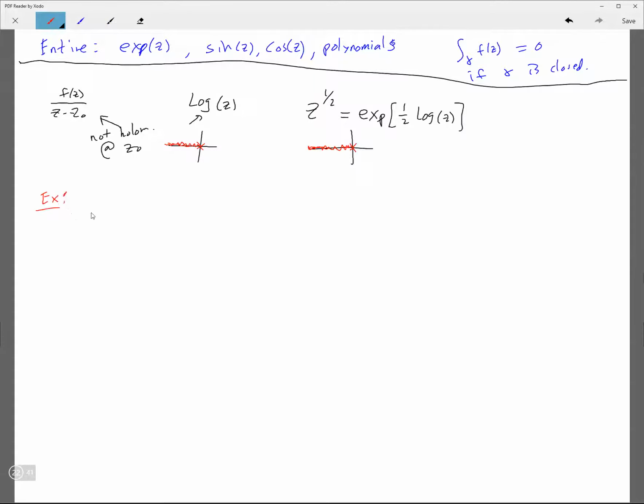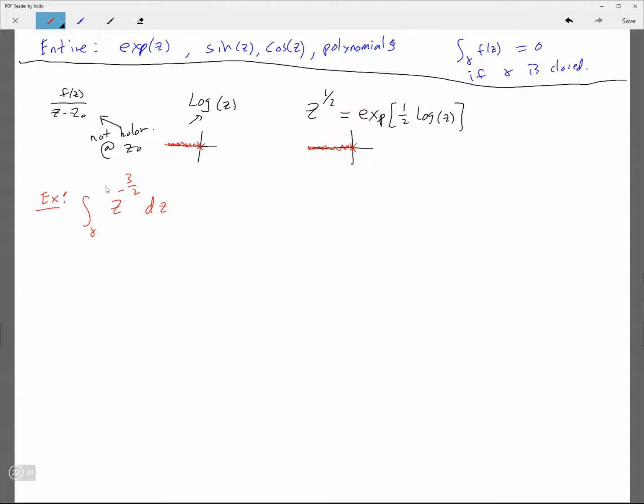And so, for example, let's say you want to integrate this guy right here, z to the negative 3/2. I meant to write negative 3/2, but I said 1/3 instead. I don't know how that happened.